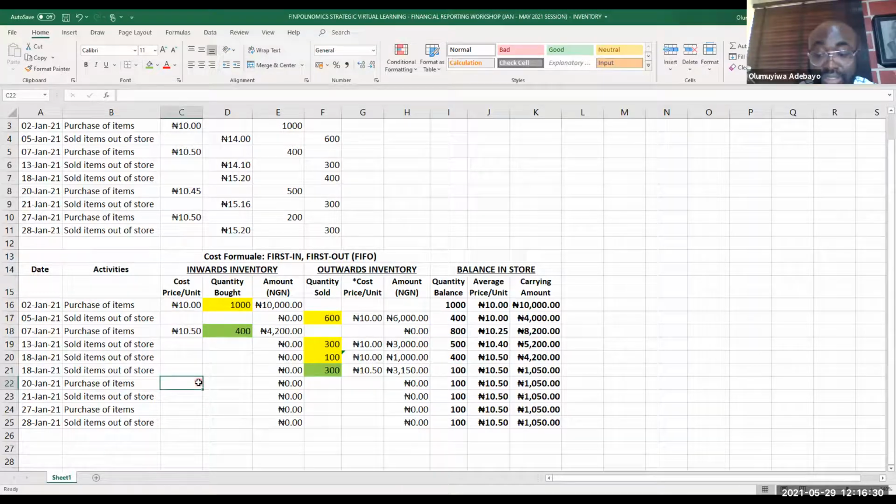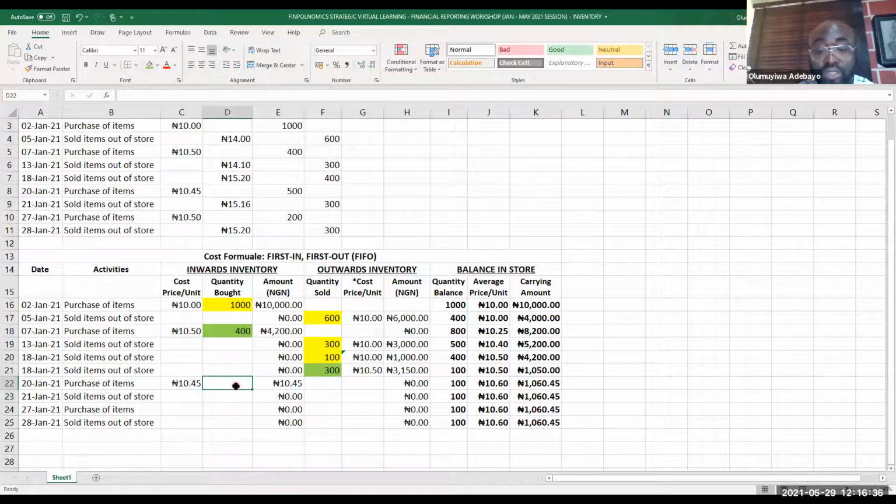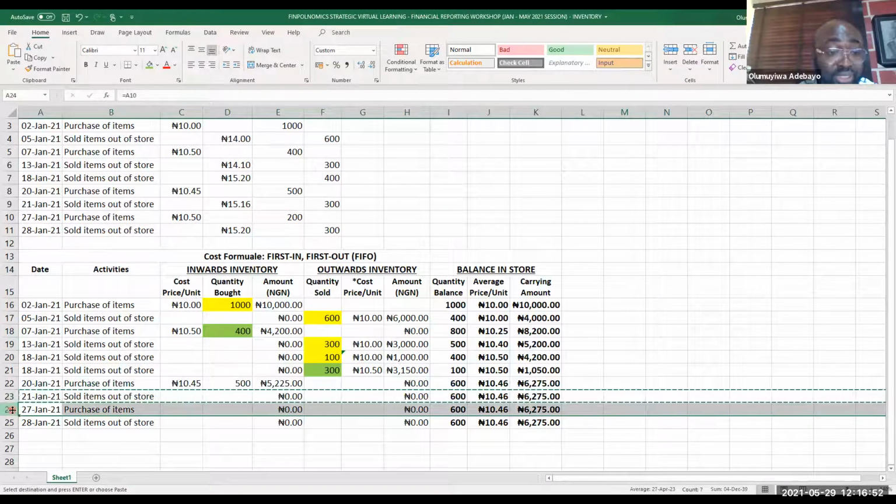Now, as at 20th of June, I bought additional quantity at 10.45 kobo, which is 500. And that increases my inventory, of which on the 21st of January, I sold 300. And this 300 will have come from two batches.